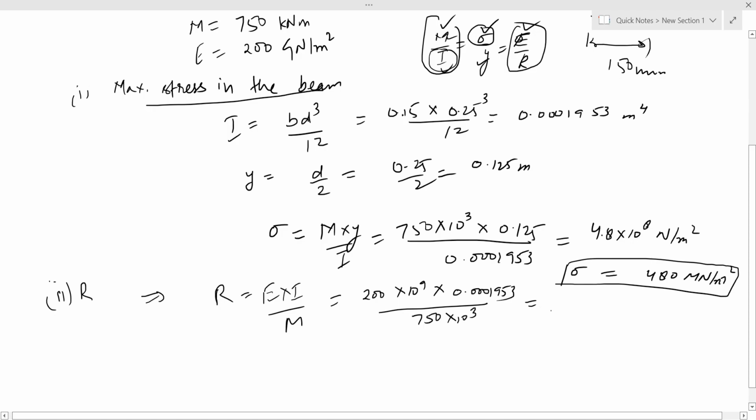From here we will find out the value of radius of curvature, and it is coming to 52.08 meter. This is the second answer.